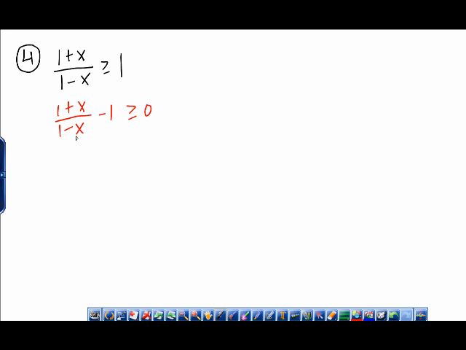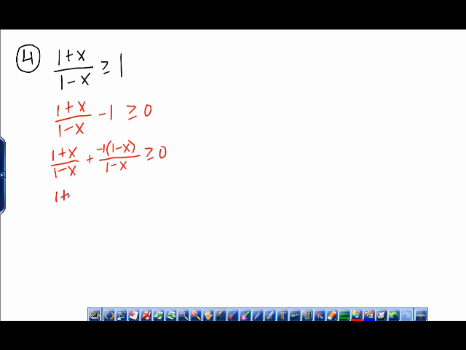but we need to simplify this left-hand side. So we've already practiced this. It's all about getting a common denominator. And so our common denominator is going to be 1 minus x. If I multiply the denominator by 1 minus x, I have to do that to the numerator.